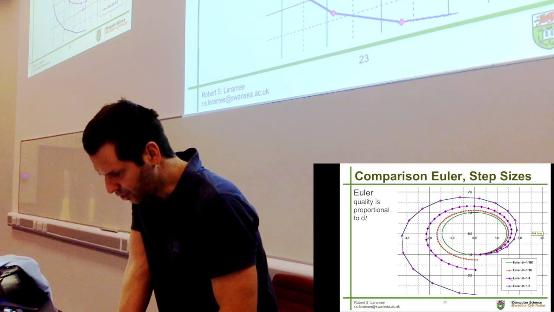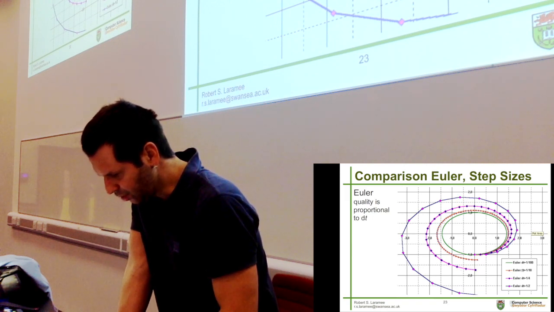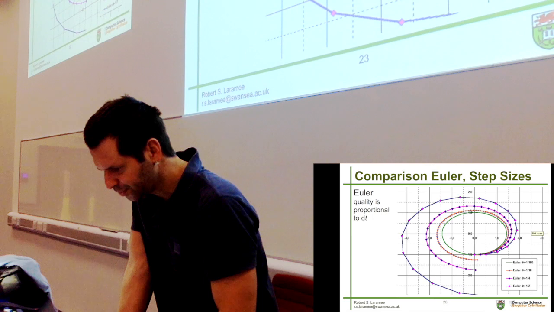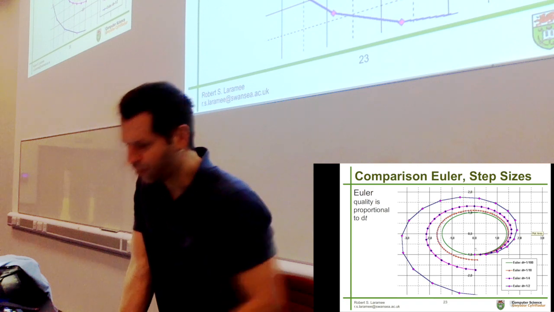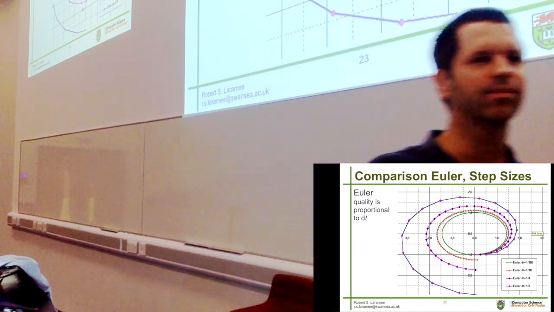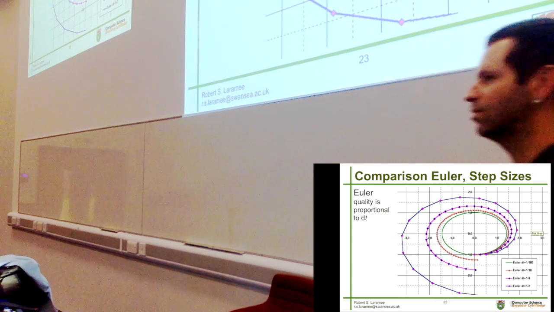If we shorten it to 1/4, we get a streamline that looks like this. If we shorten it to 1/10, it's this orange streamline. If we shorten it to 1/100th, it's the green one. So the green one is the most accurate, where the dt is the smallest.